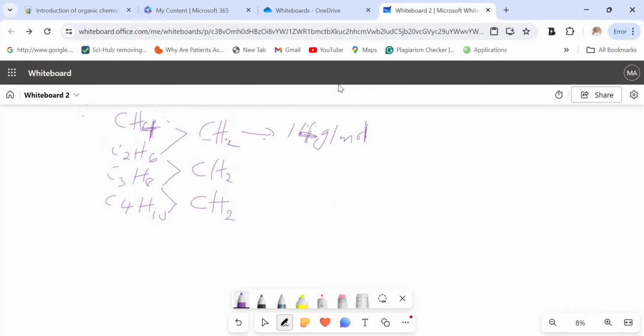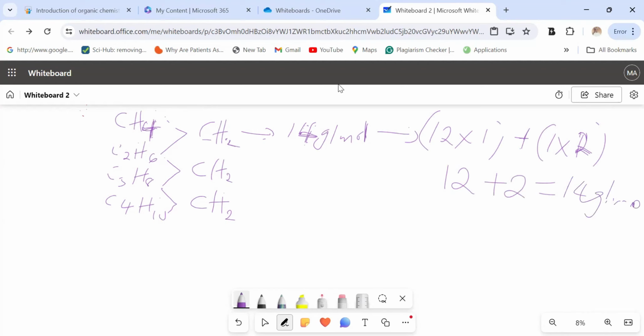The mass of carbon is 12, so you say 12 times 1 carbon, plus the mass of hydrogen, which is 1, times 2. So 12 times 1 we have 12, plus 1 times 2 we have 2, making 14 gram per mole. So the molar mass of CH2 is 14 gram.